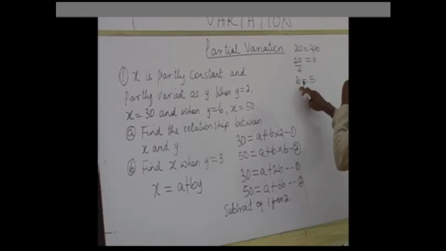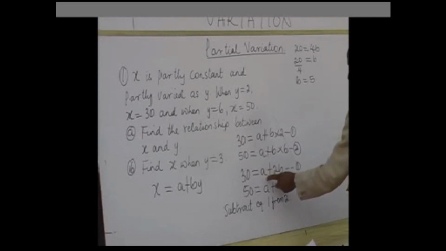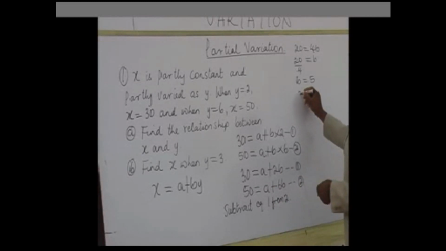Now substitute B is 5 in any of the equations, either equation 1 or equation 2. Let's take equation 1. Equation 1 says that 30 is equal to A plus 2B. And now we have discovered that B is 5. That means 30 is equal to A plus 2 times 5. We are substituting the value of B, which we discovered, for B in the equation.